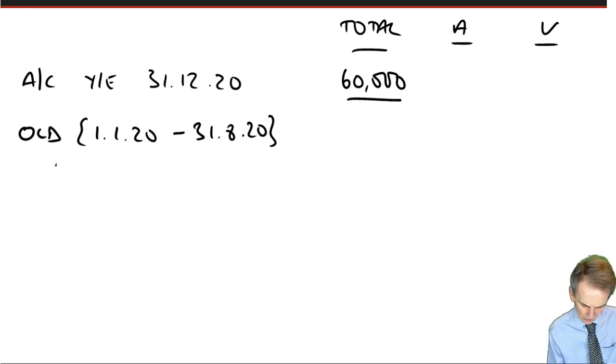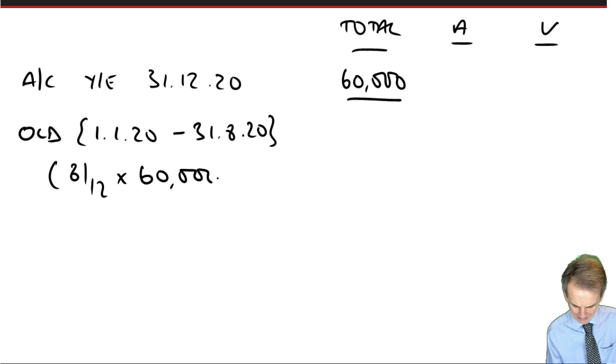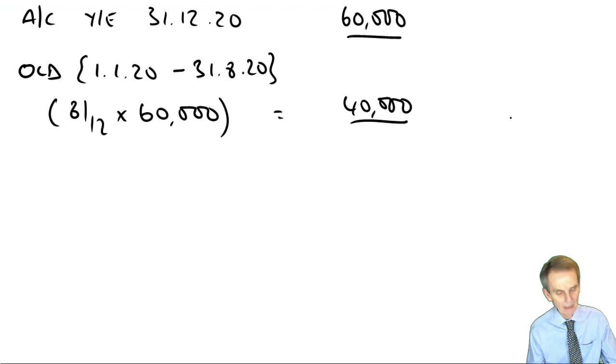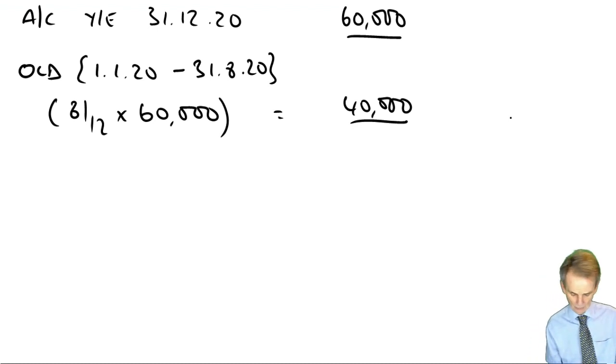So that, as we know, is some 8 of those 12 months of that period times what is the annual figure of 60,000. And that therefore means it is just 40,000 of that 60,000 that now needs to be split according to that old agreement.